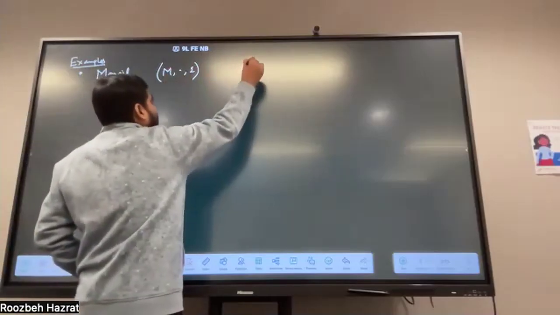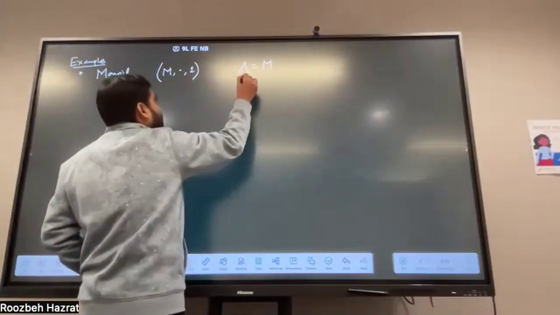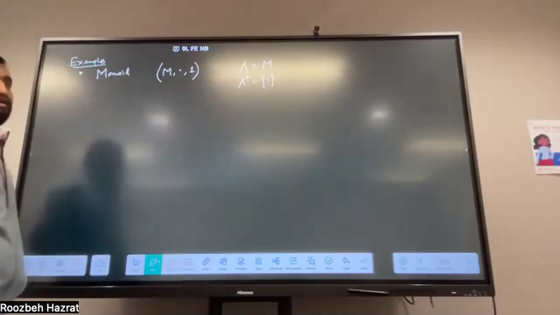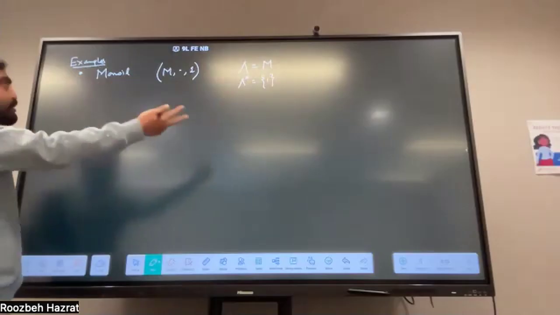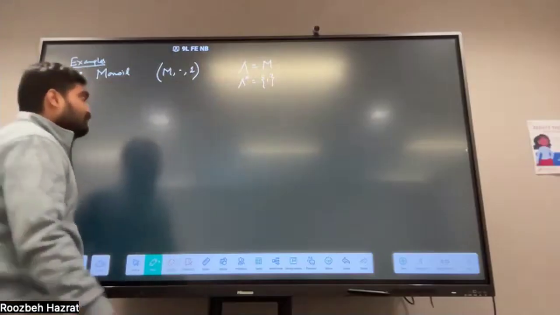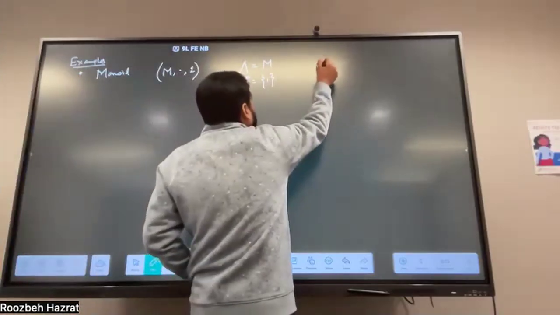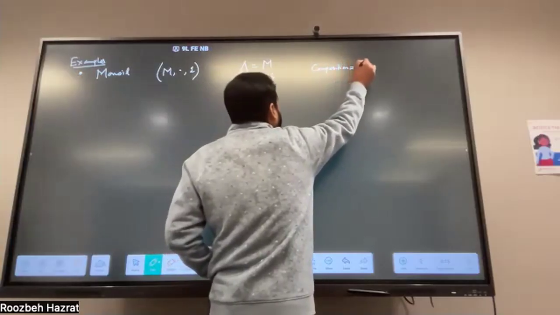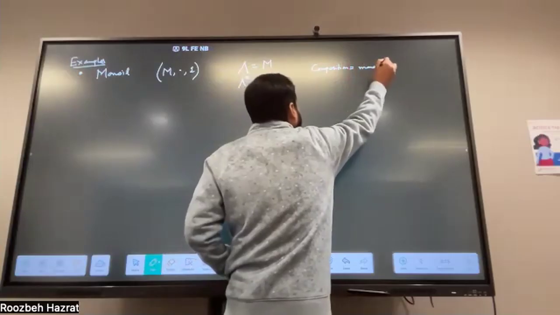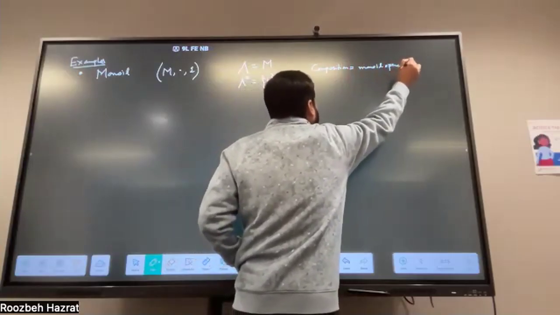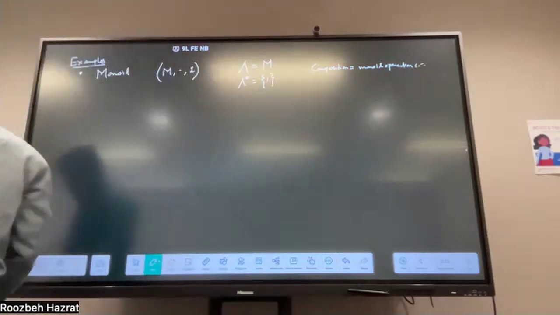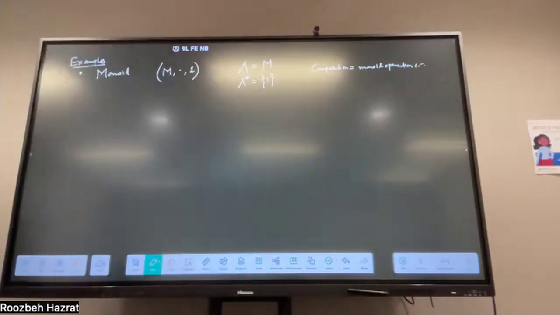Where Lambda is actually this one, M, Lambda naught is this thing, and the range and source are obviously defined because you have only one option, and the composition is the monoid operation.